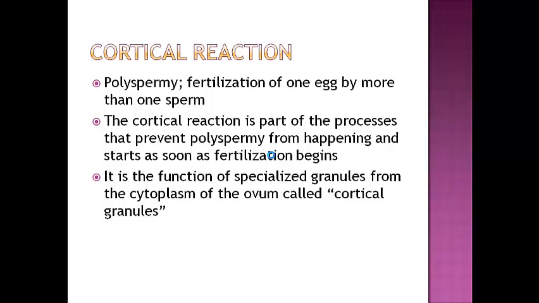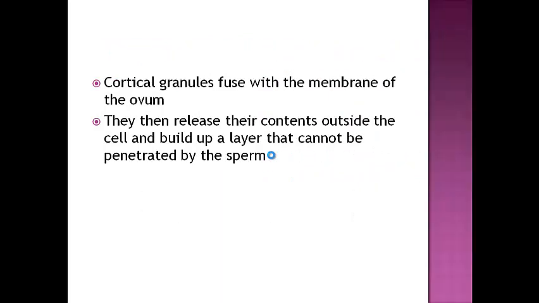It is the function of specialized granules from the cytoplasm of the ovum called the cortical granules, like we saw in the picture. Cortical granules fuse with the membrane of the ovum and release their contents outside the cell, building up a layer that can no longer be penetrated by the sperm. So remember, as soon as fertilization starts, you have initiation of the cortical reaction.